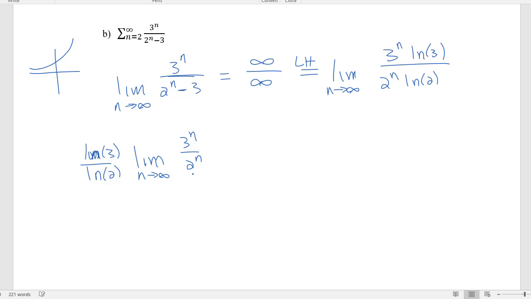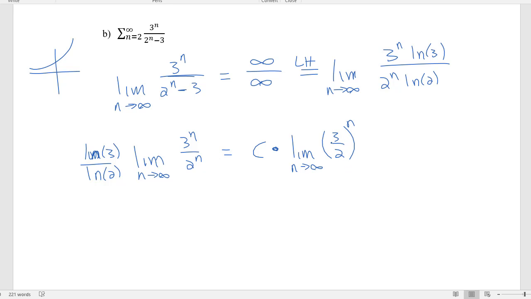Now what I'm going to do with this right here is use my properties of exponents that says that's 3 halves to the n. The limit as n goes to infinity, and I have my constant. Let me just write my constant out here. Now in the prior video we talked about this being a sequence that was geometric, right?